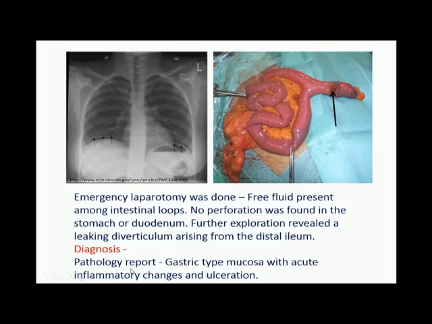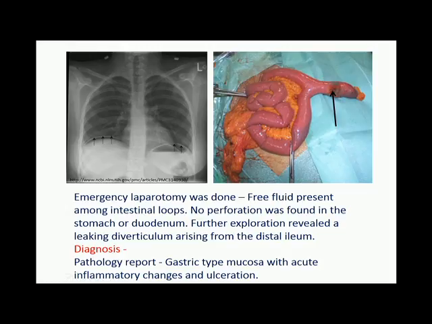And the pathology report: this was resected and sutured. The histology of the resected part indicated gastric type mucosa with acute inflammatory changes and ulceration. Is it common to get gastric type mucosa in an intestinal loop? No, this is not a normal structure. It is a derivative of a primitive embryonic structure.